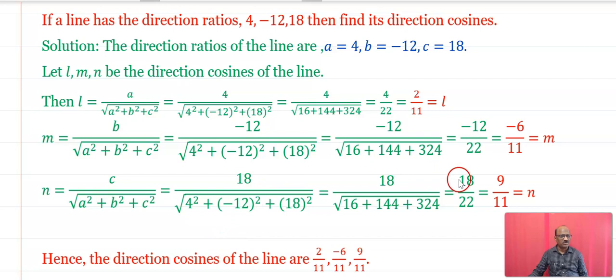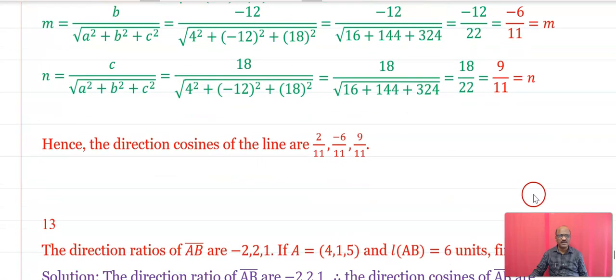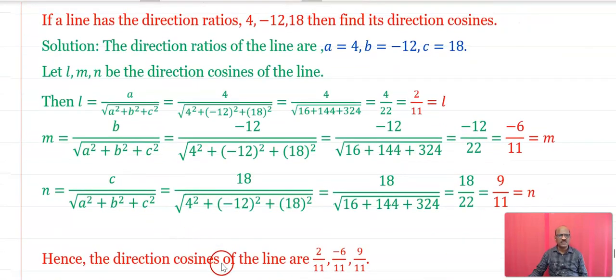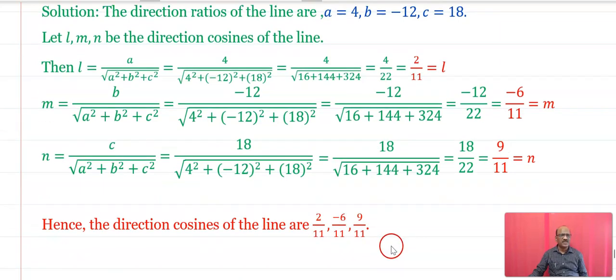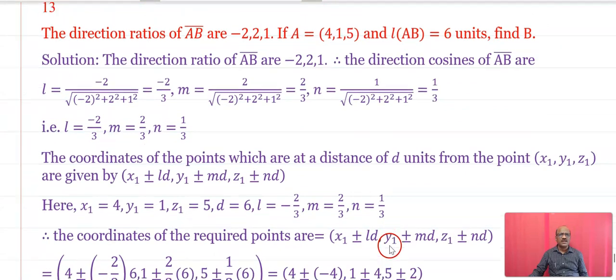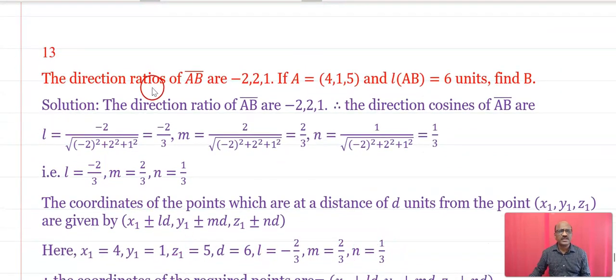That is 18 upon 22, and here you will get 9 upon 11. This is the value of N. And here the direction cosines of the line are 2 upon 11, minus 6 upon 11 and 9 upon 11. Next problem. The direction ratios of AB bar are minus 2, 2, 1.